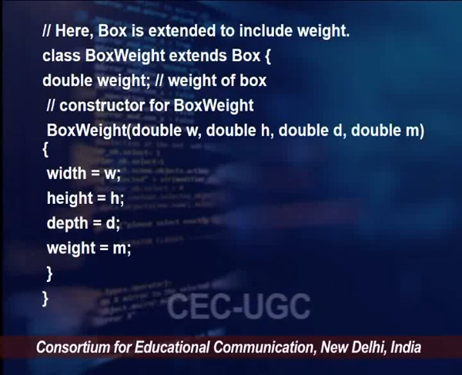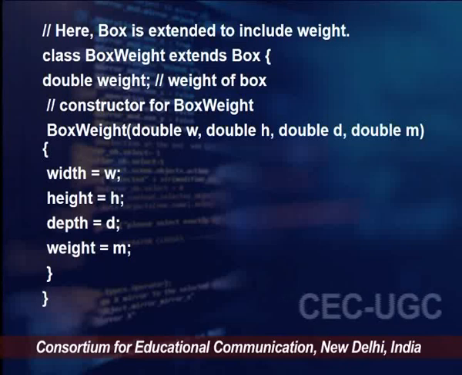So we have defined one superclass with 4 types of overloaded constructor in it, and then we have extended that Box, taken it as a superclass, and now we have this subclass which is adding one more member which is weight.